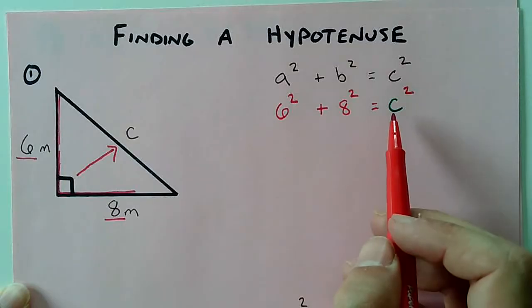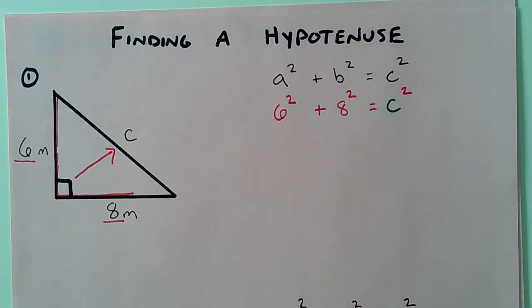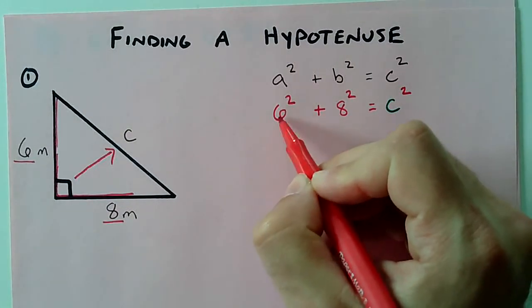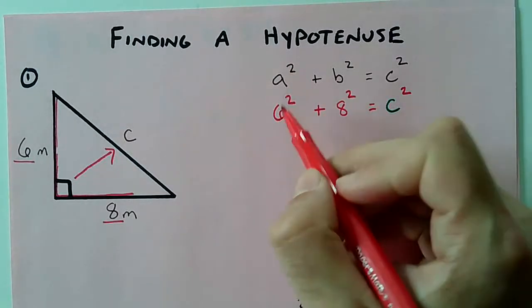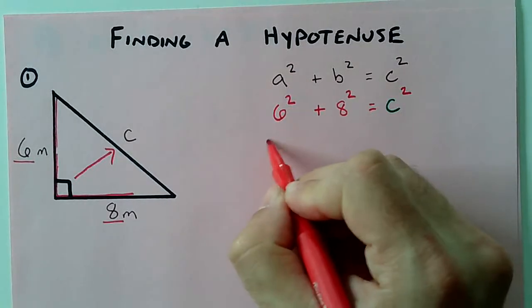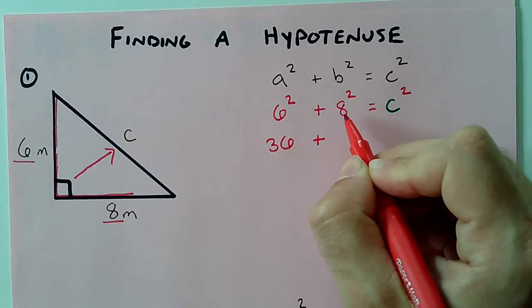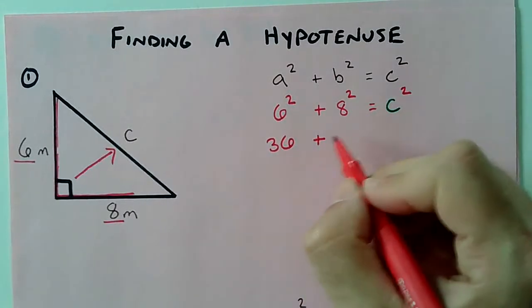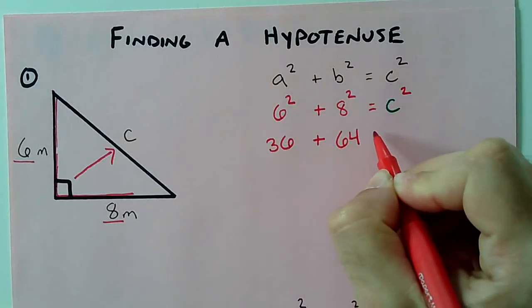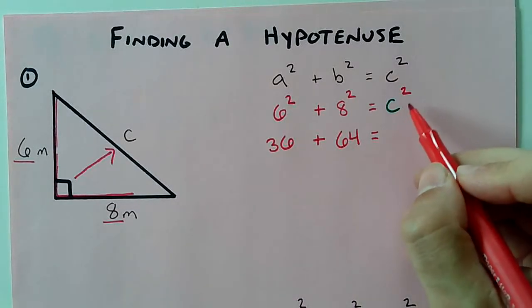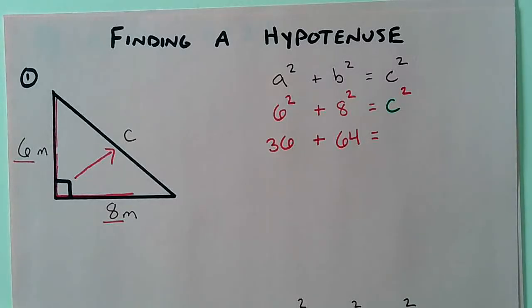All right, I'm down to one variable. Now I just got to do a little bit of calculation. I'm going to multiply this to find out what it equals. 6 squared. 6 times 6, 36. 8 squared. 8 times 8, 64. Equals, I cannot do anything here. I don't know what C is.